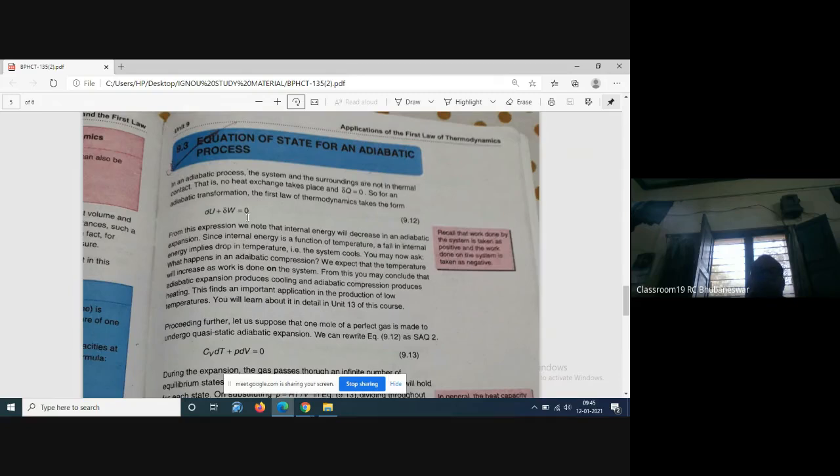Now see, when no heat is exchanged between the system and surrounding, suppose you take a gaseous system, no heat is supplied from outside, or heat goes to the outside.